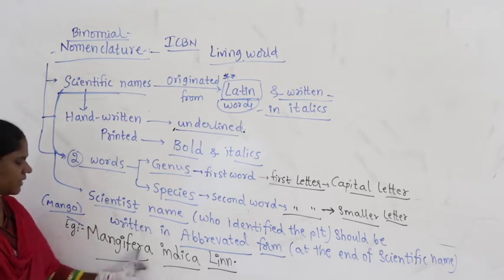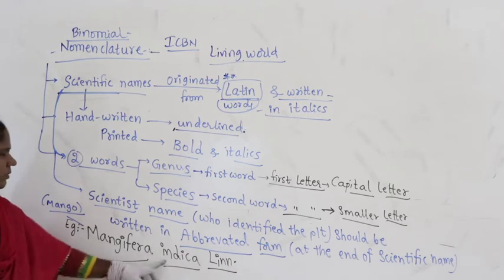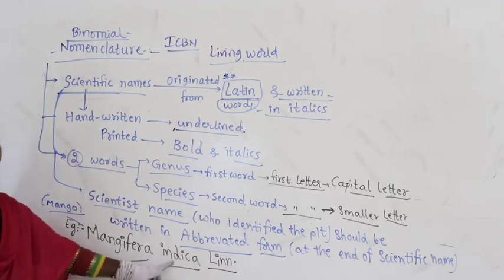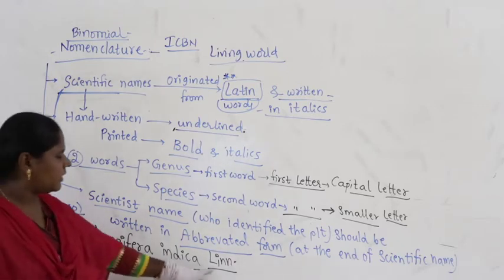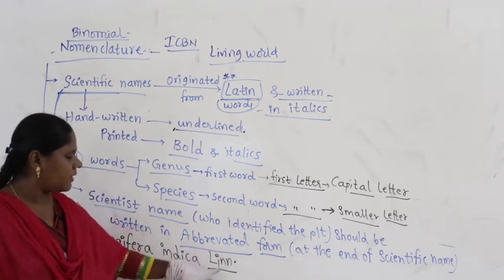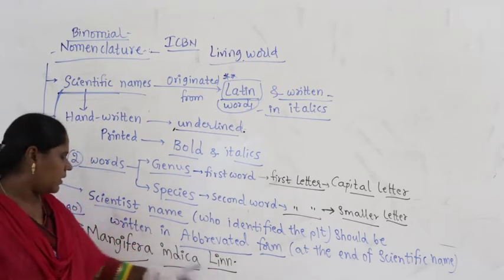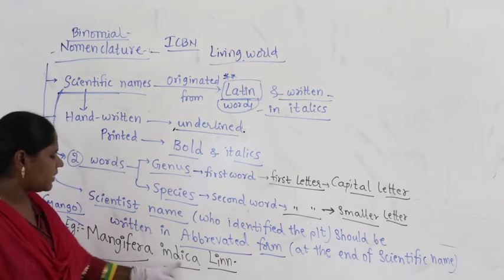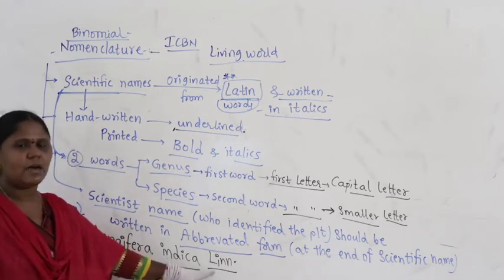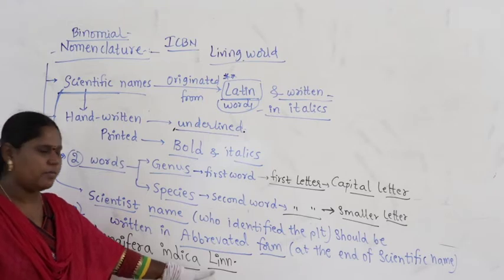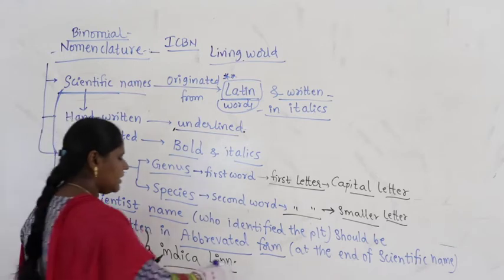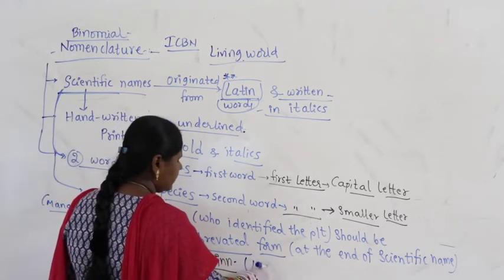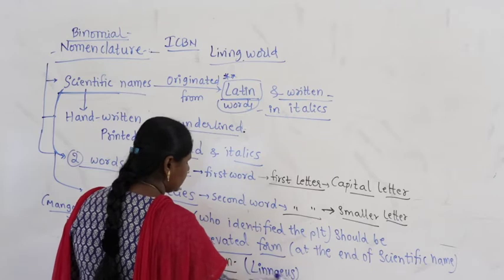After we write the scientific name, the scientist who identified this plant, who has given the name for this plant, should be written in abbreviated form. Abbreviated form is short form. Mangifera indica, at the end the scientist's name is written as LINN. LINN is the short form, an abbreviated form. What does LINN say? LINN says that the scientist's name is Linnaeus.